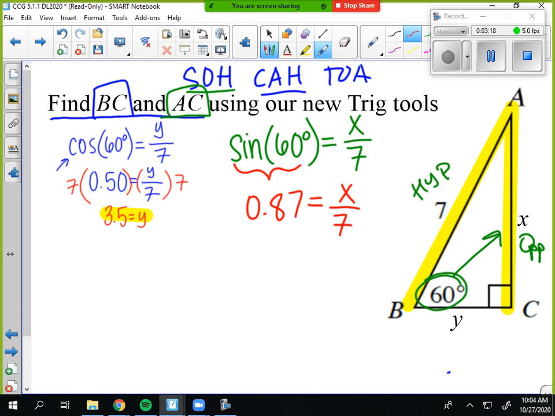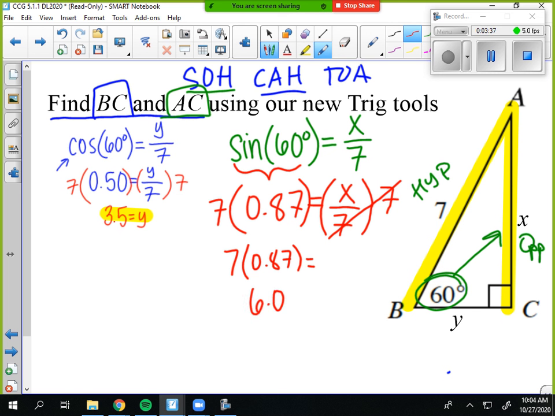And then to solve this, I would multiply both sides by 7 to undo my division. And whatever I do to one side of my equation, I have to do to the other. So 7 times 0.87 equals about 6.06. So that is X. That is AC.